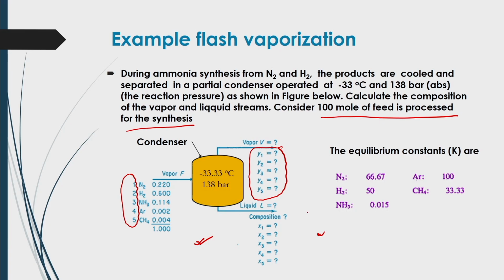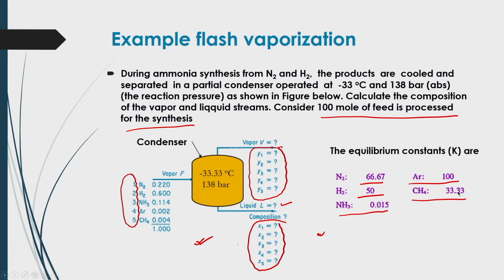Similarly, in the liquid phase the amount L is not known, and also the compositions for the respective components are not known. But equilibrium constants are given to you for nitrogen, for hydrogen, for ammonia, for argon, and also for methane.